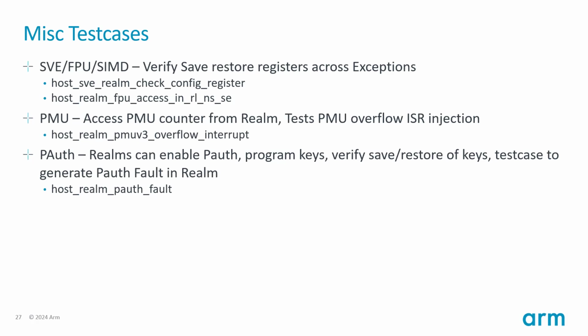SVE, I know there is support for SME as well, which verifies whether the SME related control bits are valid. While entering SME, there could be a streaming SVE mode, so whether the registers saved in streaming SVE mode are valid across context switch. Also, that test is covered as part of the SIMD test cases that are in TF-TF.